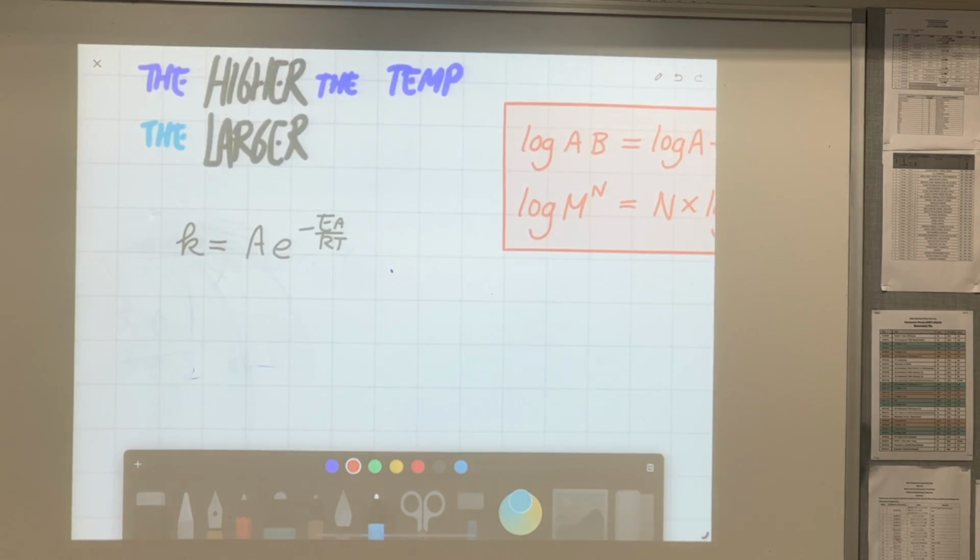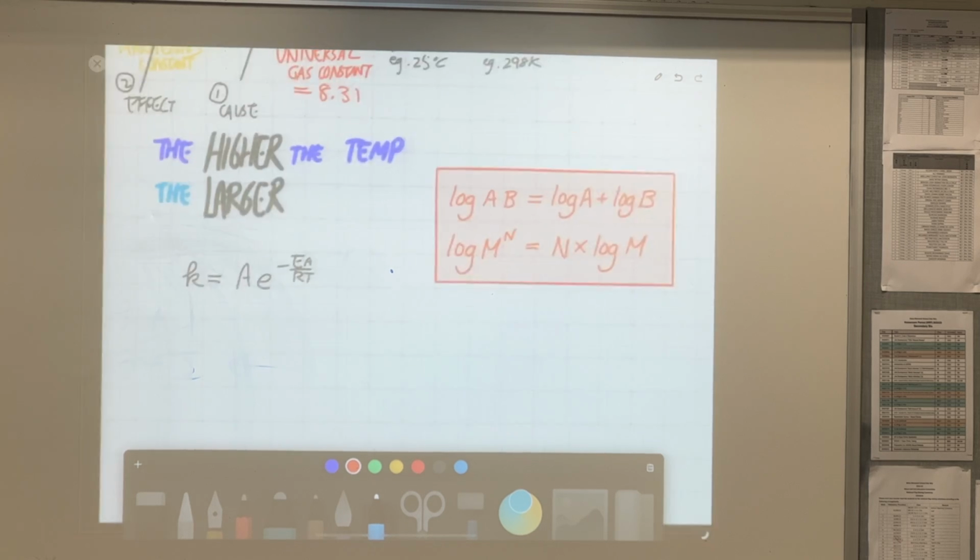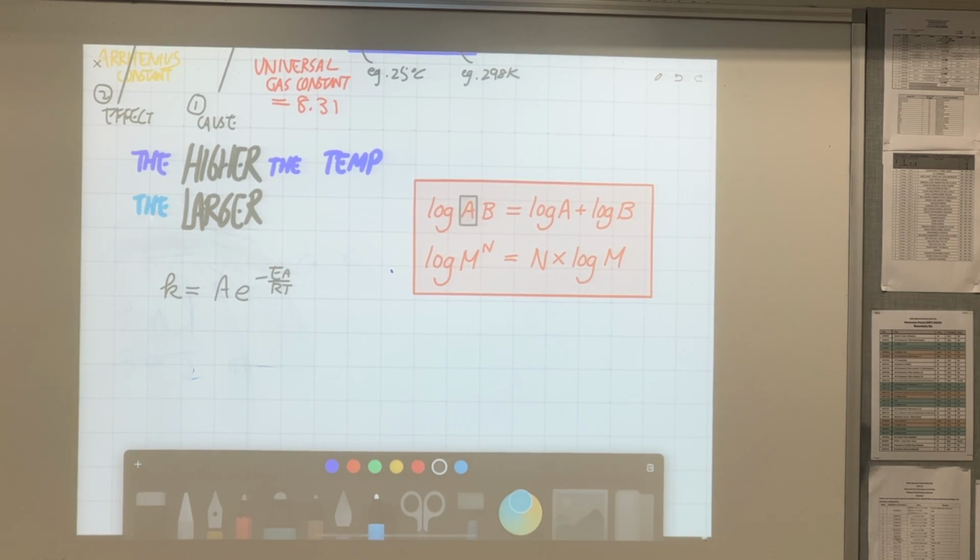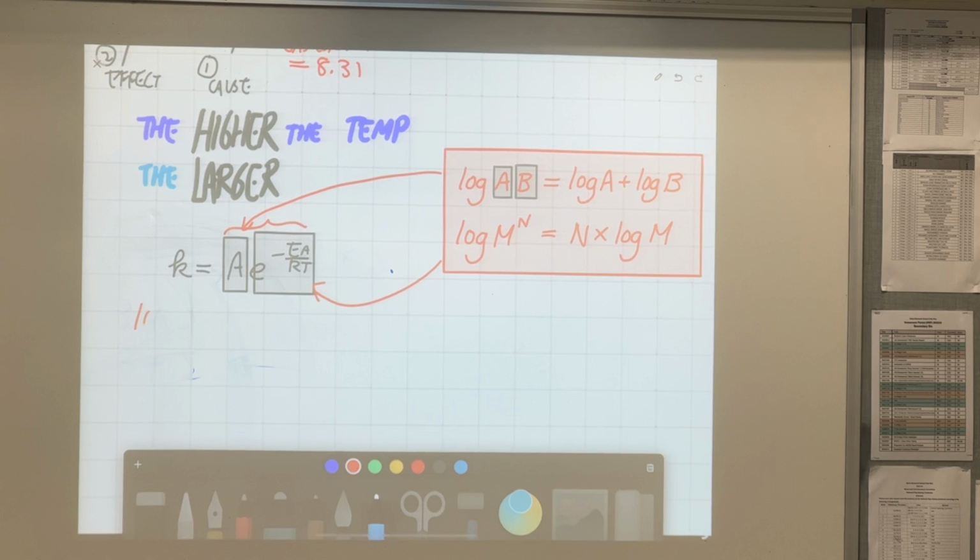Okay, so let's do this. We are logging both sides now. You can treat this as one term, and this as the other term. We are applying the first rule here, and the second rule here. So we have log k equals log A plus log e to the power of negative Ea over RT.